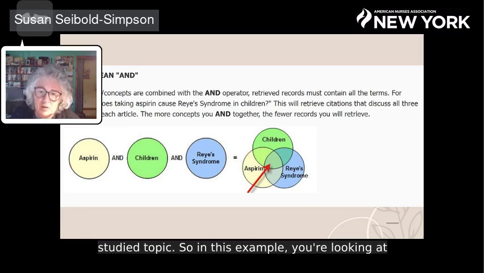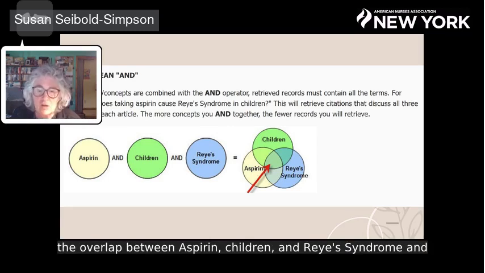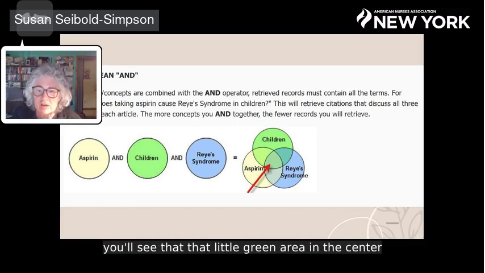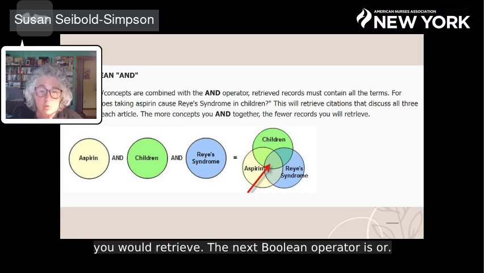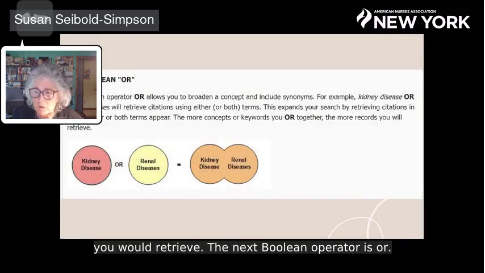In this example, you're looking at the overlap between aspirin, children, and Reye syndrome. And you'll see that little green area in the center where the arrow is pointing would be the records that you would retrieve.